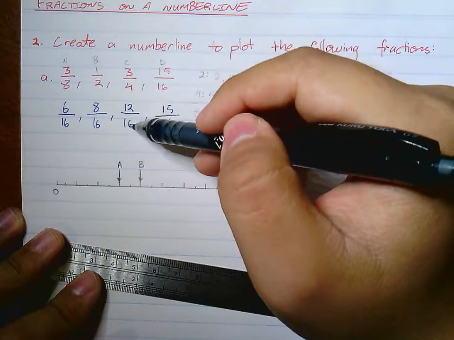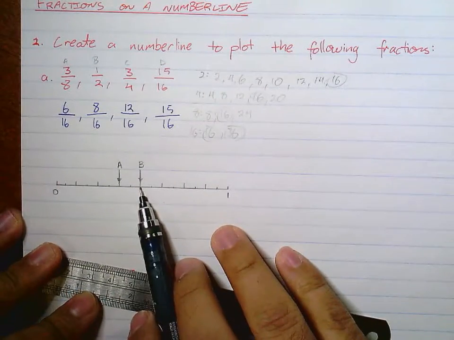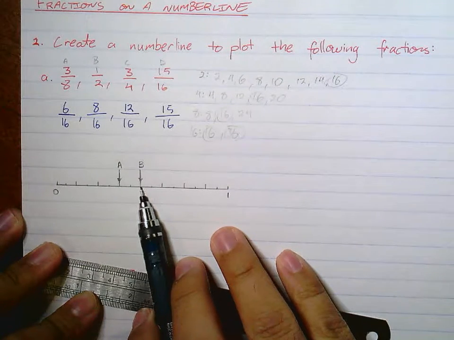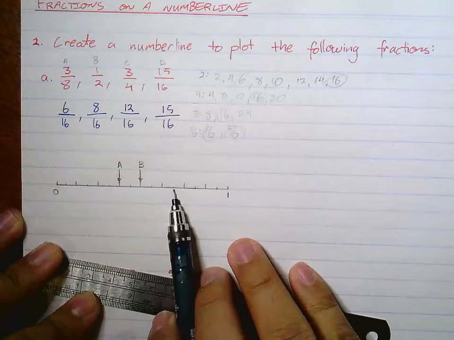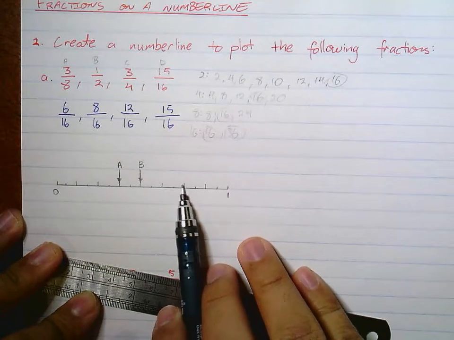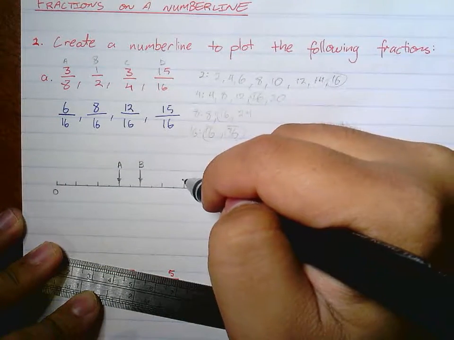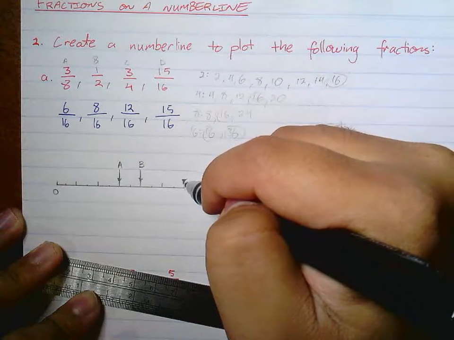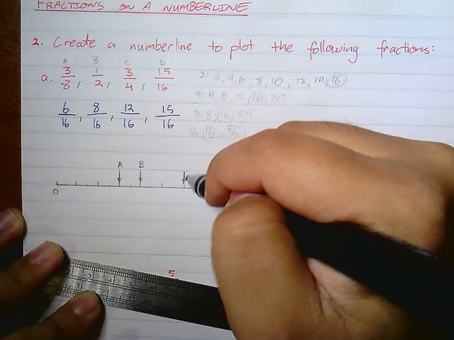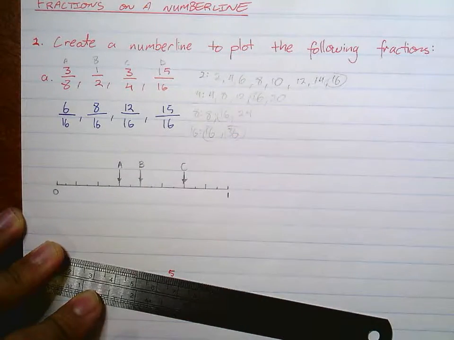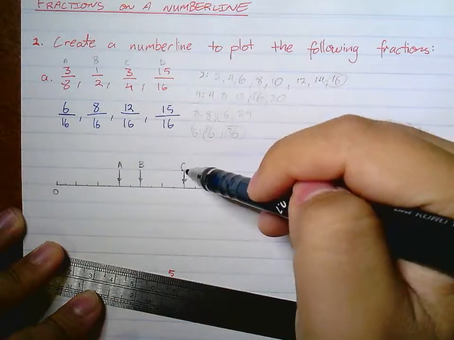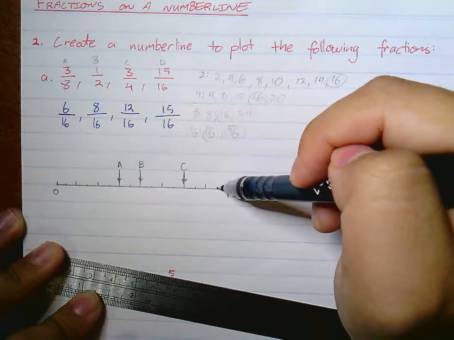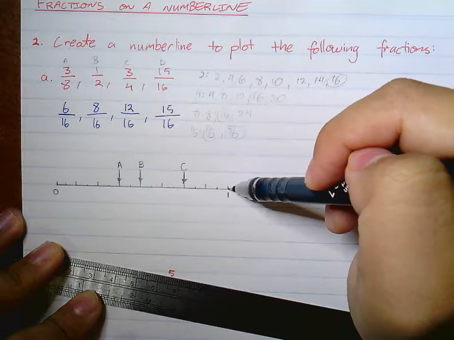3/4 is 12 over 16. Well, that's 8 over 16, so let's count from 8: 9, 10, 11, 12. So that point there is point C. Let's draw a little arrow here. That is point C. And finally, point D is 15 over 16, which is 1 away from the whole.